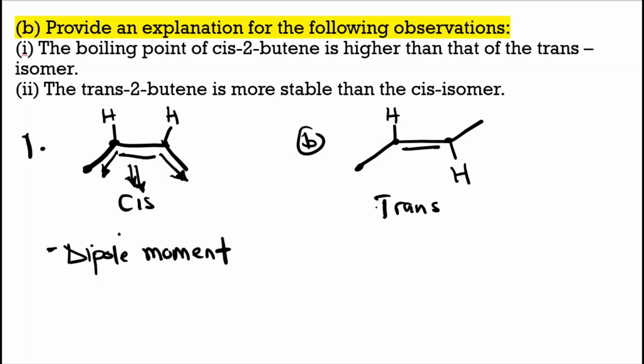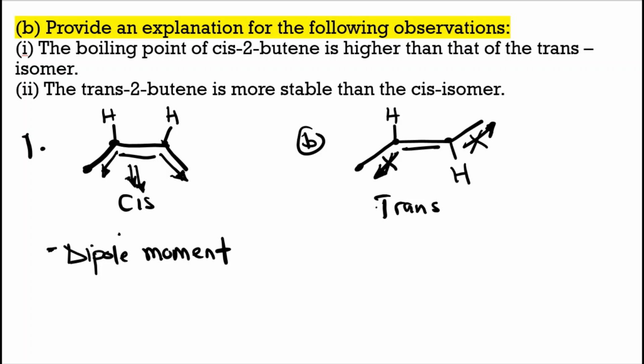But for trans-2-butene, you find that the dipole moment for this one is pointing this side, and the other one is pointing this side. So the dipole moments are pointing in opposite directions. What is going to happen is that the dipole moment on this side is going to cancel the dipole moment on this side. So the net dipole moment is going to be 0. Hence, there's going to be a low boiling point.